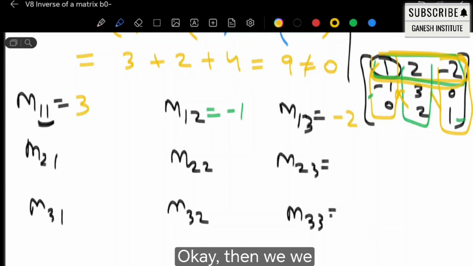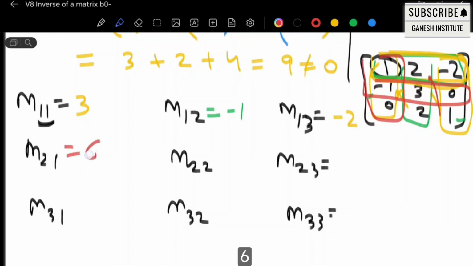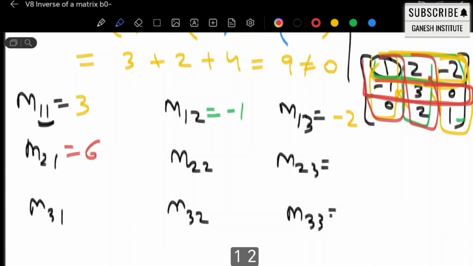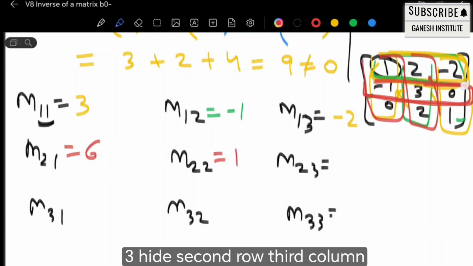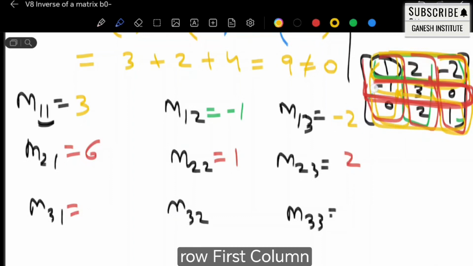Okay. Then we have 2 1, hide these two. So 2 ones are 2, minus minus plus 2 to the 4, that is 6. 2 2, hide second row, second column. So 1 ones are 1. 2 3, hide second row, third column. 2 ones are 2. 3 1, hide third row, first column.